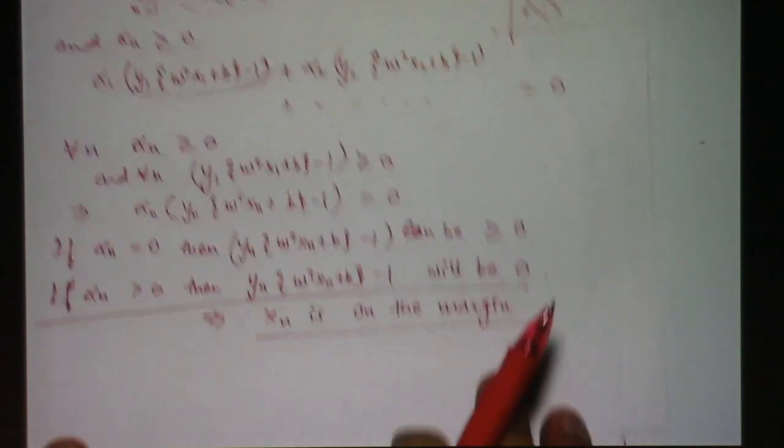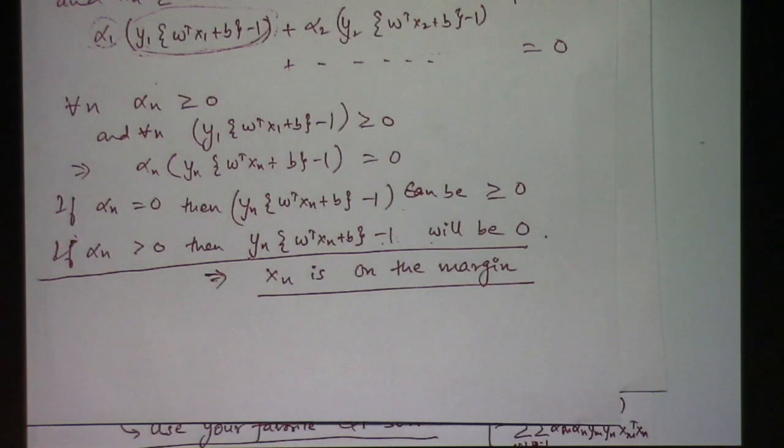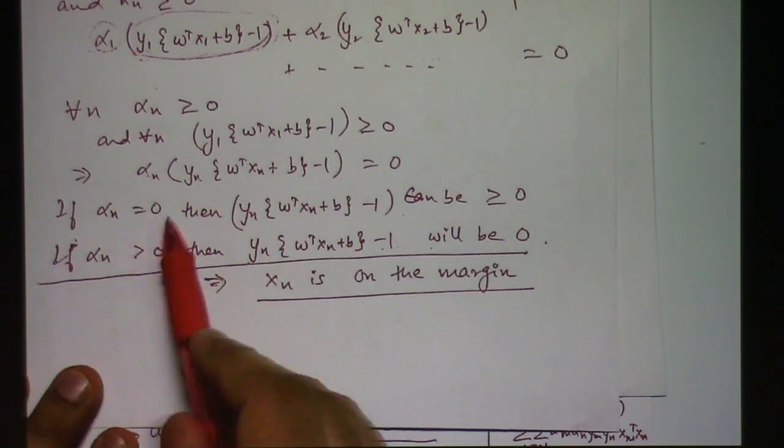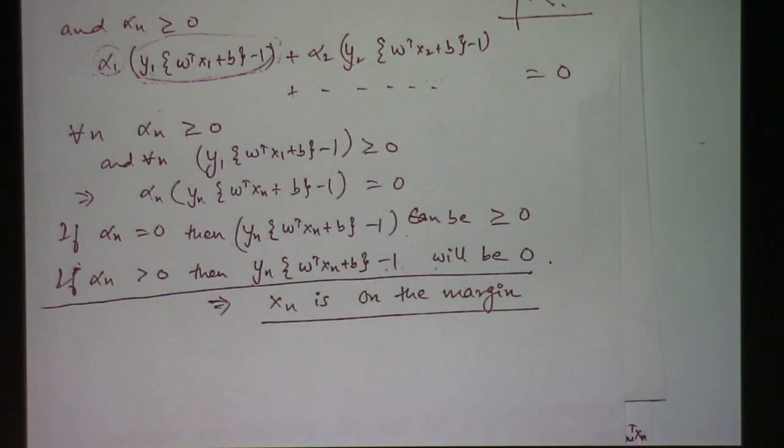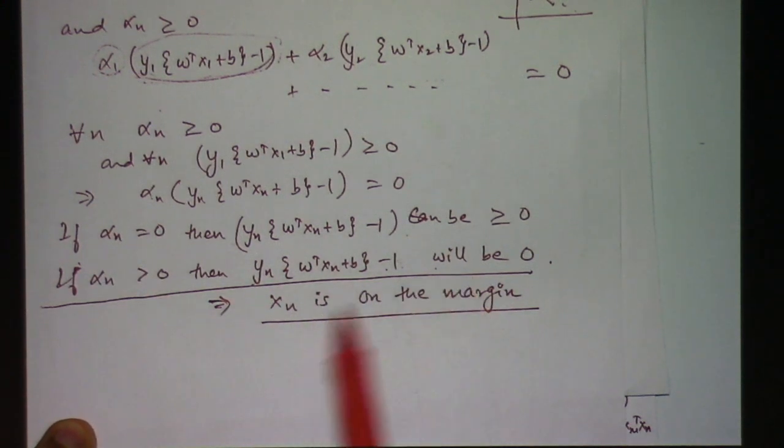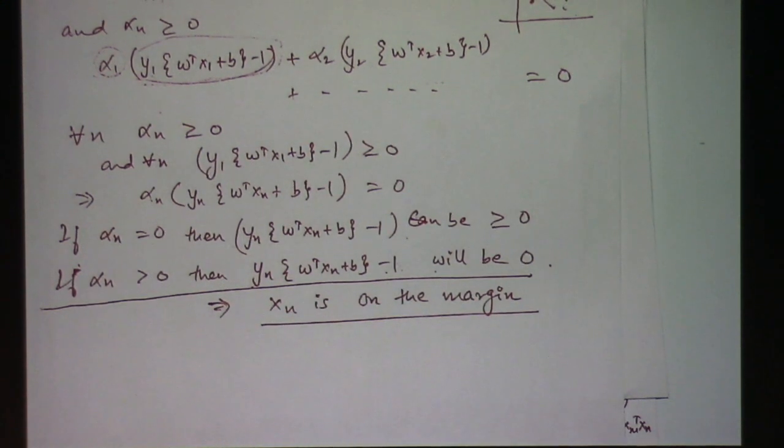Which means that you run your QP solver and you'll get some alphas. Some of the alphas will be 0, some of the alphas will not be 0, right? So for the alphas that are 0, the corresponding data points will be away from the margin, whereas for the alphas that are non-zero, the corresponding data points will be on the margin.